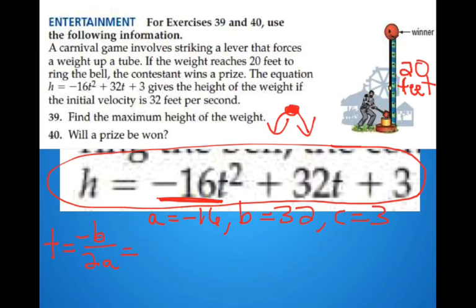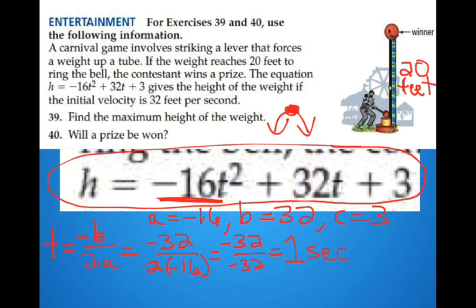In this case our x variable is a t variable, and our y coordinate is actually an h for the height. So let's go -b, so the opposite of 32, so -32 over 2 times the a, which is -16. That's -32 over -32, which is +1. So that means at 1 second, the weight is going to reach its maximum height.